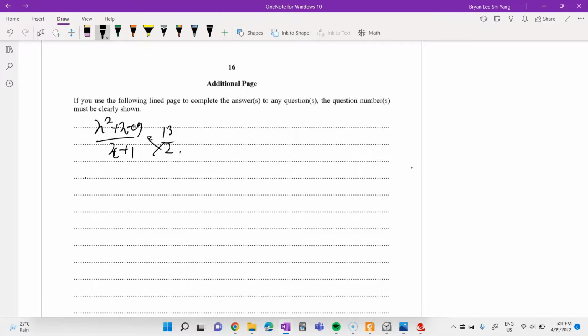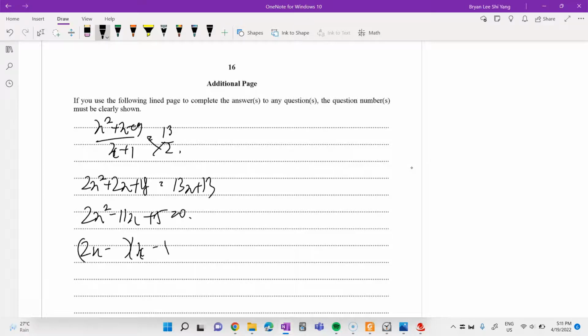So 2x squared plus 2x plus 18 equals 13x plus 13. Then minus everything, 2x squared minus 11x plus 5 equals 0. I don't really have insight right now, so 2x minus 1 times x minus 5 equals 0. And then x equals 1/2, x equals 5.